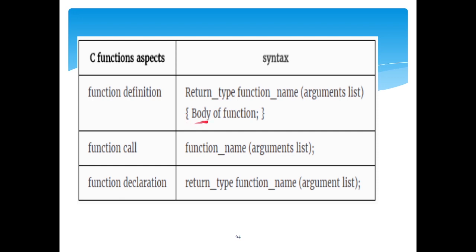That's why we have opened the braces here, open and closed. Inside that is the body of the function, what the function does and what its use is. Remember that a function contains three main aspects: function definition, function call, and function declaration.